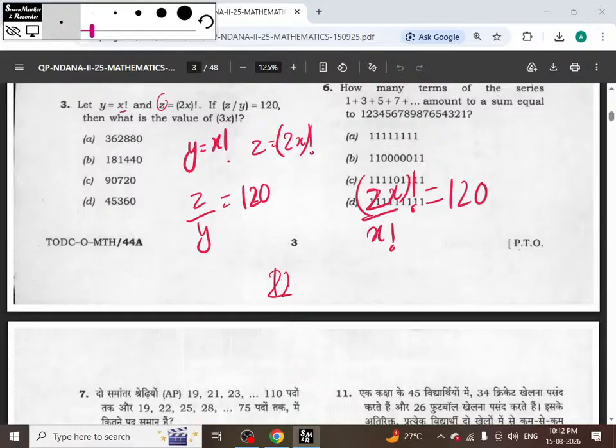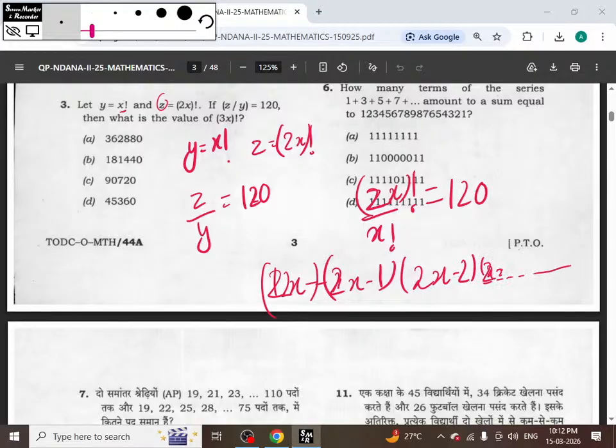So what do we get here? 2x, 2x minus 1, and we will be continuing multiplying it: 2x minus 2, and simply go on, 2x minus 3. Continuing, somewhere we will obtain 2x minus x, yes or no, and upon x factorial.